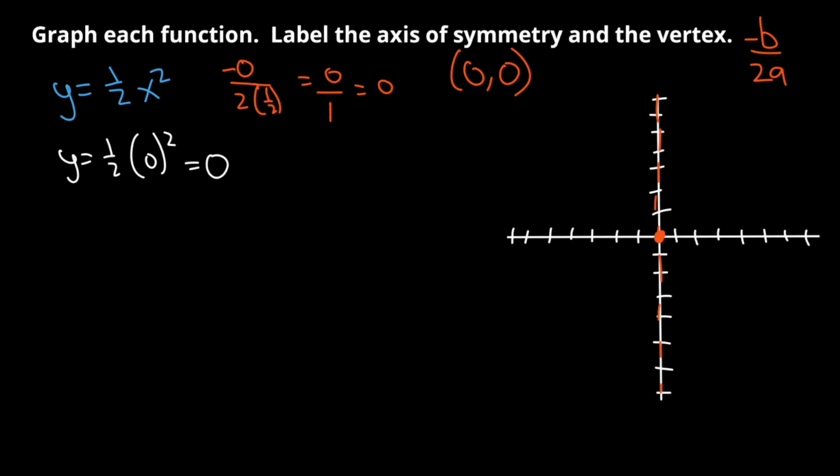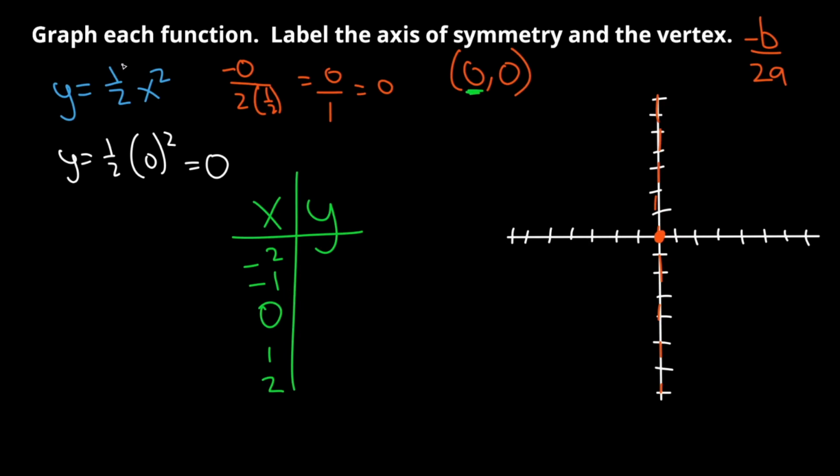Now, we don't really have to do anything else for this particular problem other than pick some points. So we'll go ahead and make an XY chart. Let's use the axis of symmetry as our midpoint. And I'll choose these points, because they're the same distance from 0, they're going to have the same value.